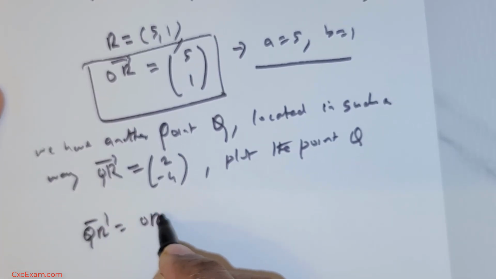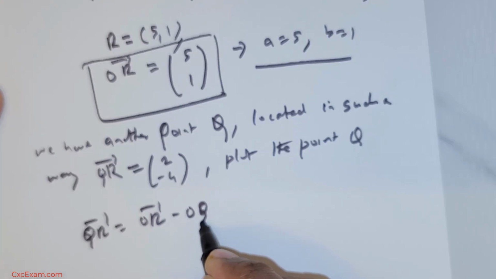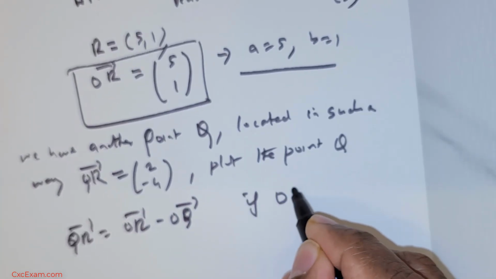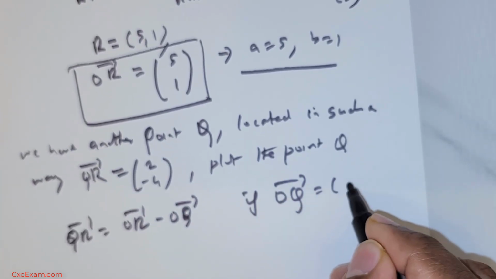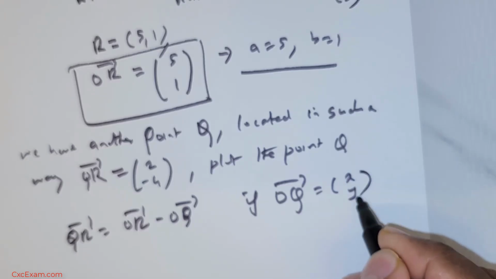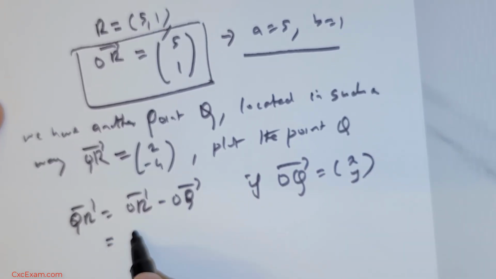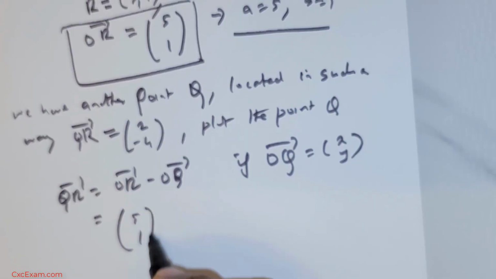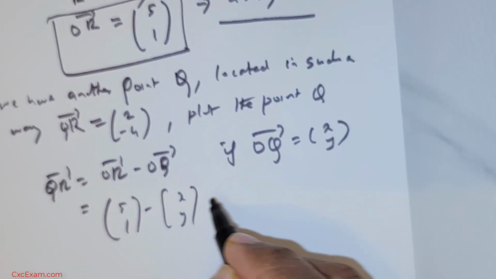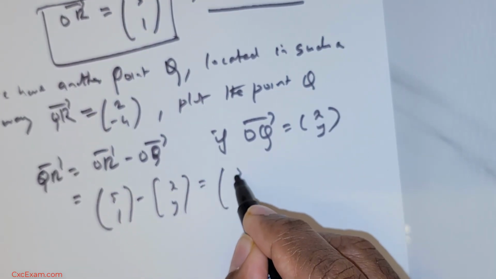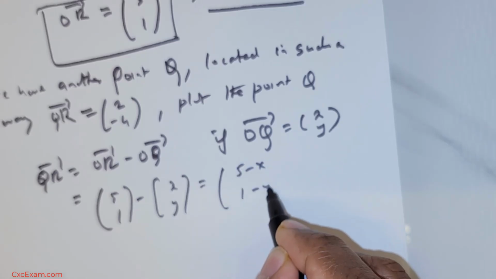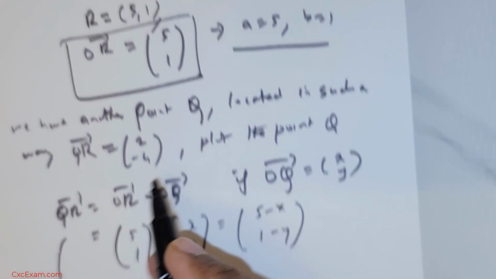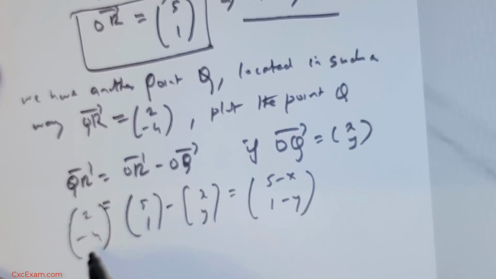So QR vector is nothing but OR vector negative OQ vector. If OQ vector is what we are looking for, so let us take it as (x, y). And OR vector is (5, 1) negative (x, y). So this is equal to (5 - x, 1 - y). Now QR vector is given as (2, -4).